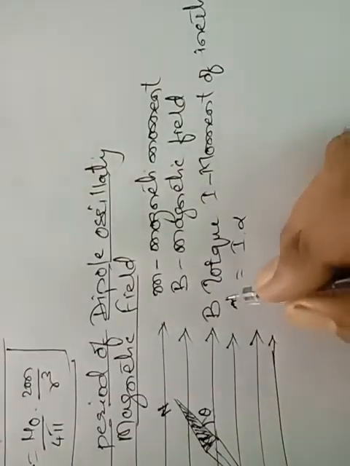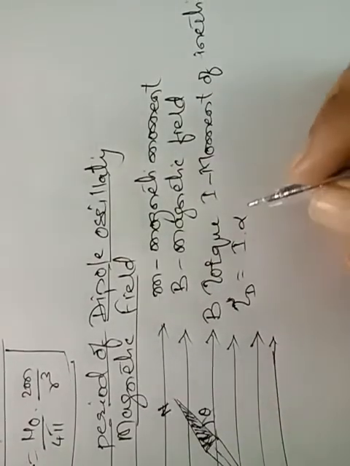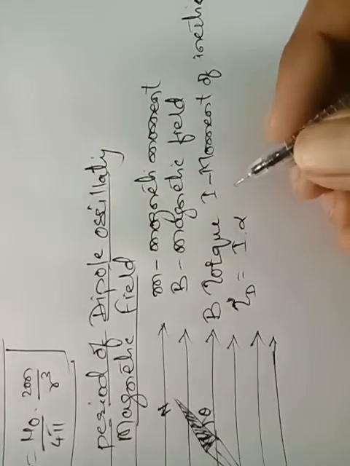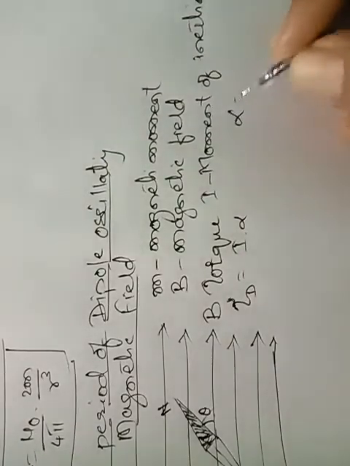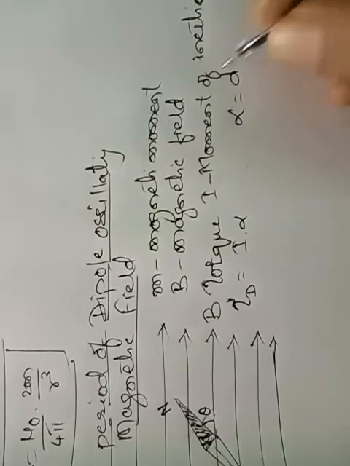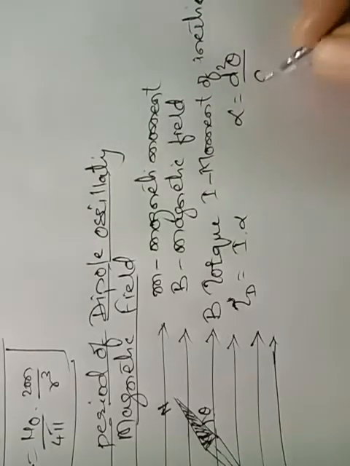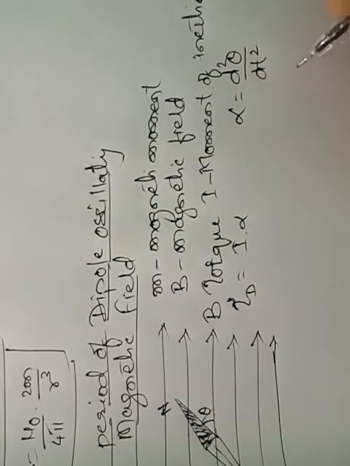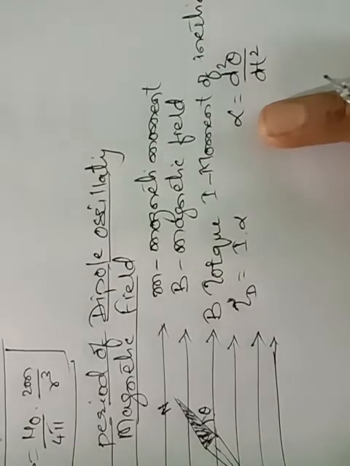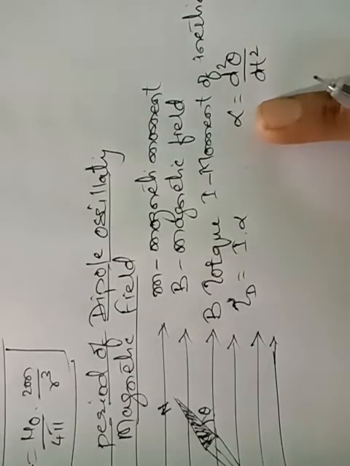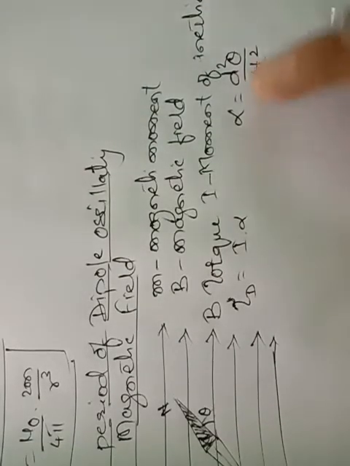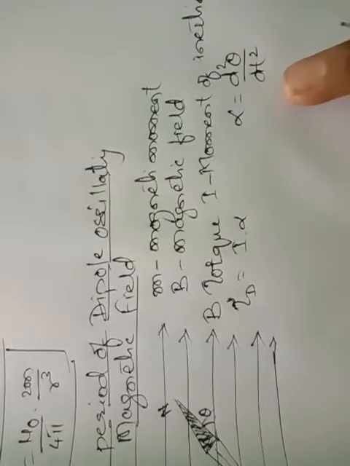We already know alpha is equal to d square theta by dt square.